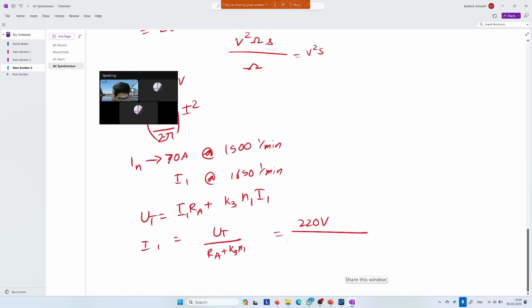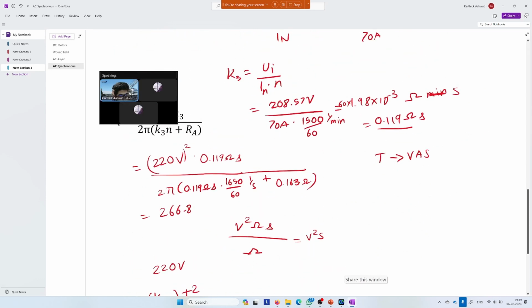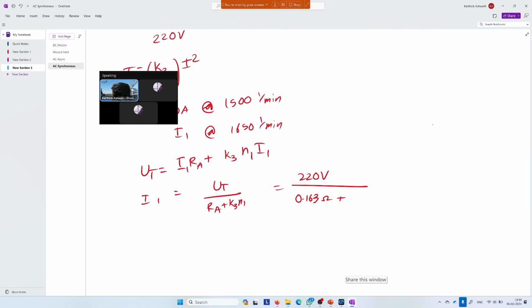K3 is 0.119 ohm second, multiplied with 1650 by 60 per second. So it's also ohms.